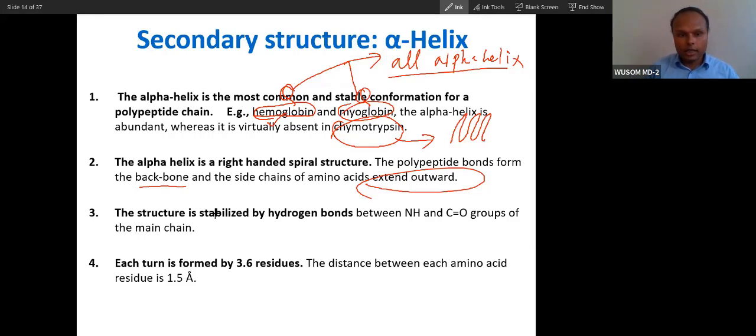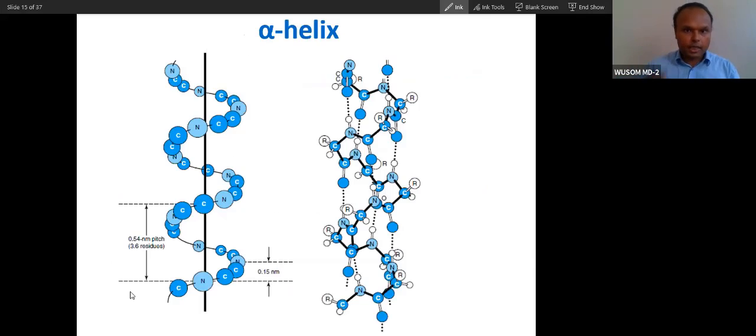I will tell you how. Each turn is a little less than 4 amino acid residues, and I will explain that too. The distance between each amino acid residue is 1.5 angstrom.